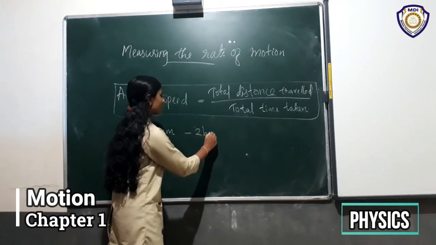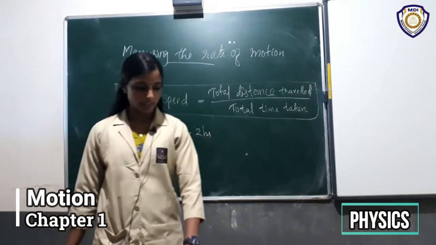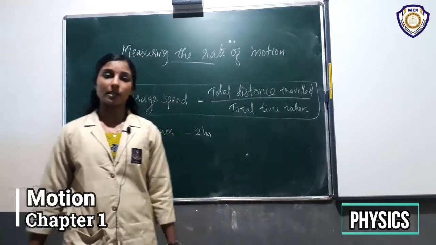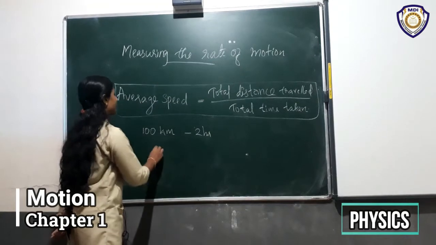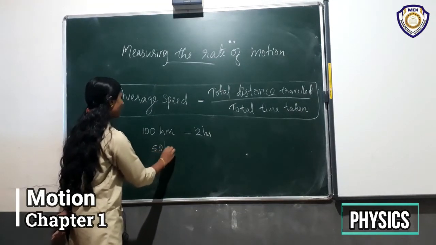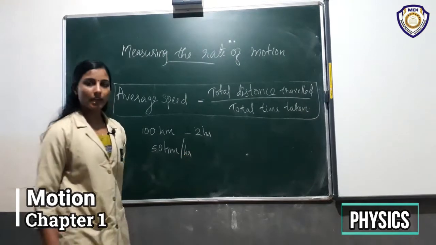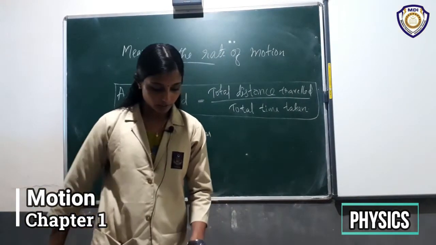Its average speed is equal to 50 km per hour, right?